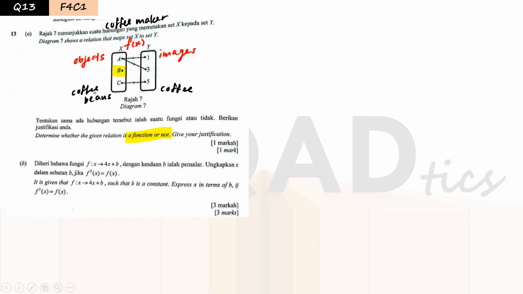We put coffee bean B into the coffee maker, but because it does not attach to anything, no coffee is produced. It's a bit weird, because if I put coffee beans into the coffee maker, there should be coffee, but now there's none. So there is something wrong with the coffee maker, which means the f of x here is not working.